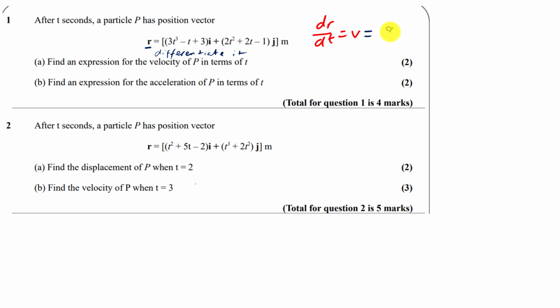That's going to give us 9t squared, because we multiplied by the power, then reduced the power by 1, that's going to be minus 1. I'm going to keep it like this, i, plus, and we just differentiate the next one. So that's going to be 4t plus 2j. And obviously it's in meters per second.